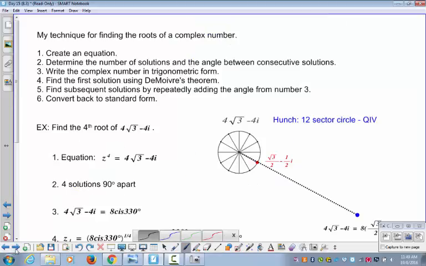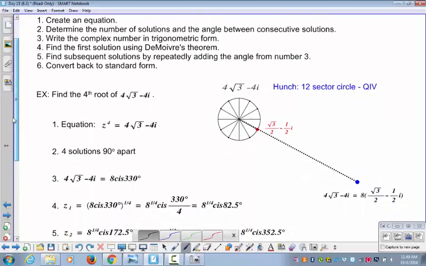All right. So here is a technique that I suggest for finding the roots of a complex number. Create the equation. Determine the number of solutions and the angle between consecutive solutions. How do we do that? So if we have square roots where there's 2, they're 180 degrees apart. How do we get the 180?